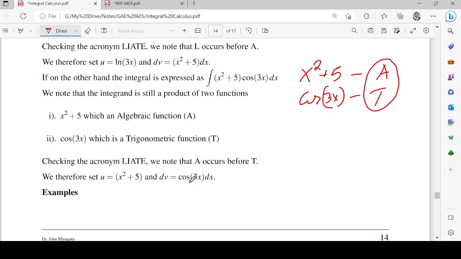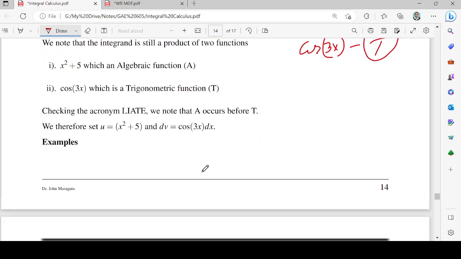Notice the reason why we have done that: because A occurs before T. It is A that comes first, then T. So since the algebraic comes before trigonometric in our acronym, the function u is x squared plus 5.